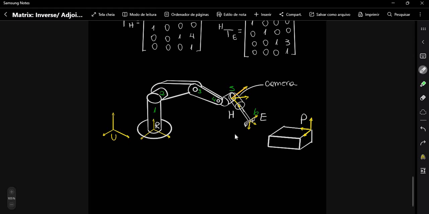We will substitute this reference system for this reference system. So for this reference frame, the universe reference frame, we will substitute the frame of the robot. So this R is going to be our reference frame.